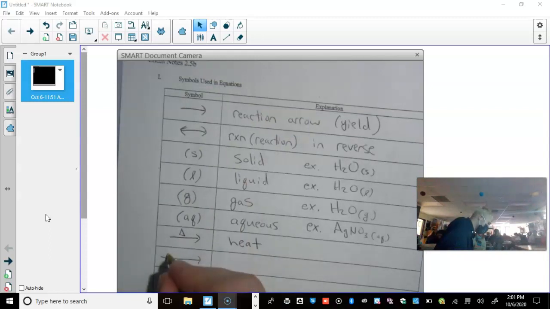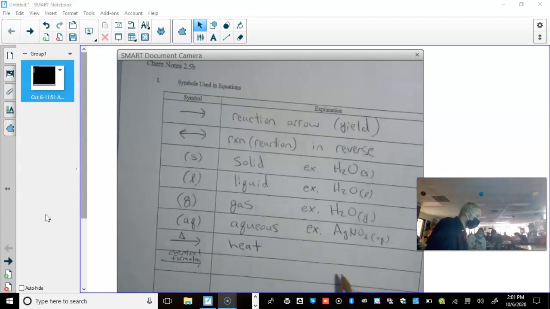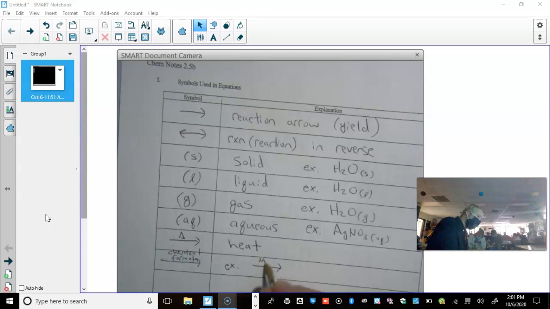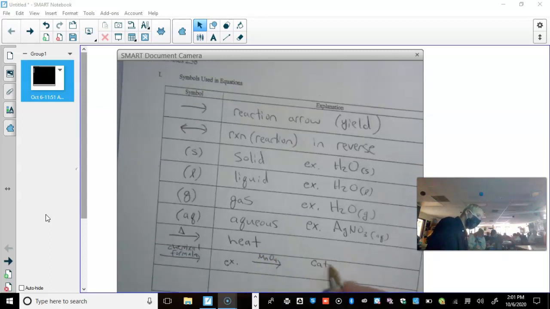And then if you have a chemical formula, an example would be MnO4 on top. That means it is a catalyst that speeds up the reaction, or in some cases allows the reaction to even occur.